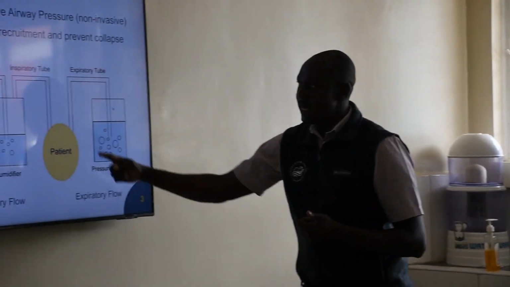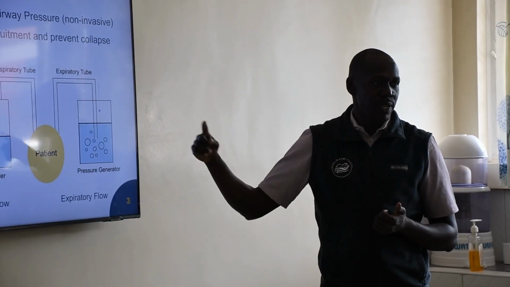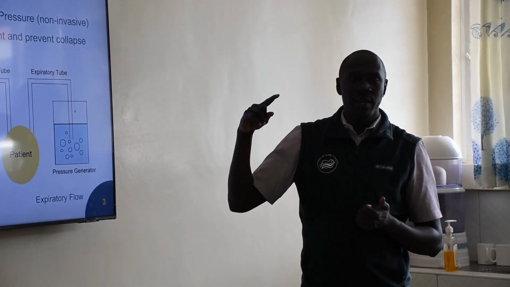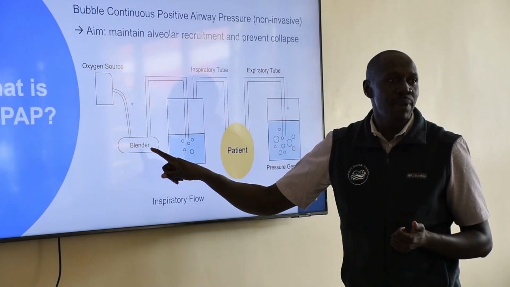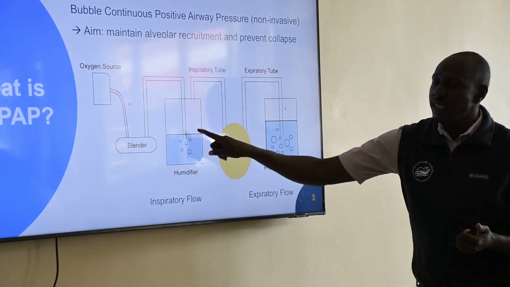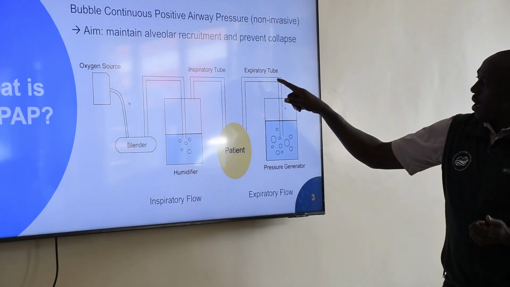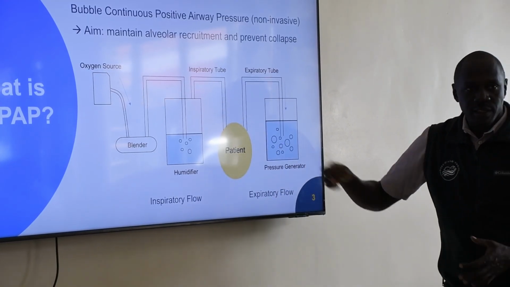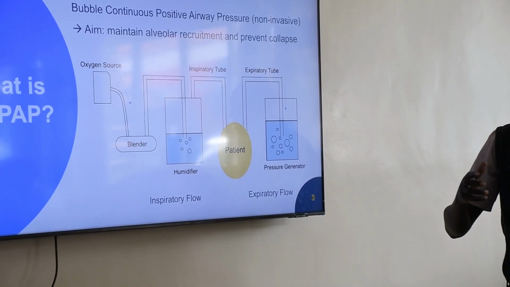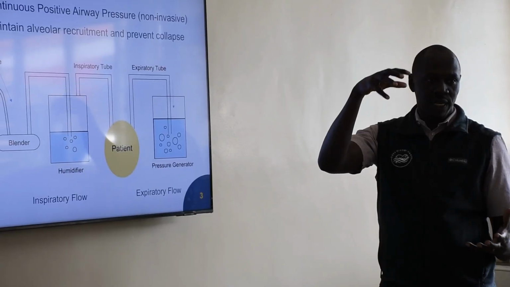So this diagram is just to tell you what I've just told you: oxygen comes in, oxygen is blended, then it is humidified, and then goes to the baby. The baby breathes out against a column of water.